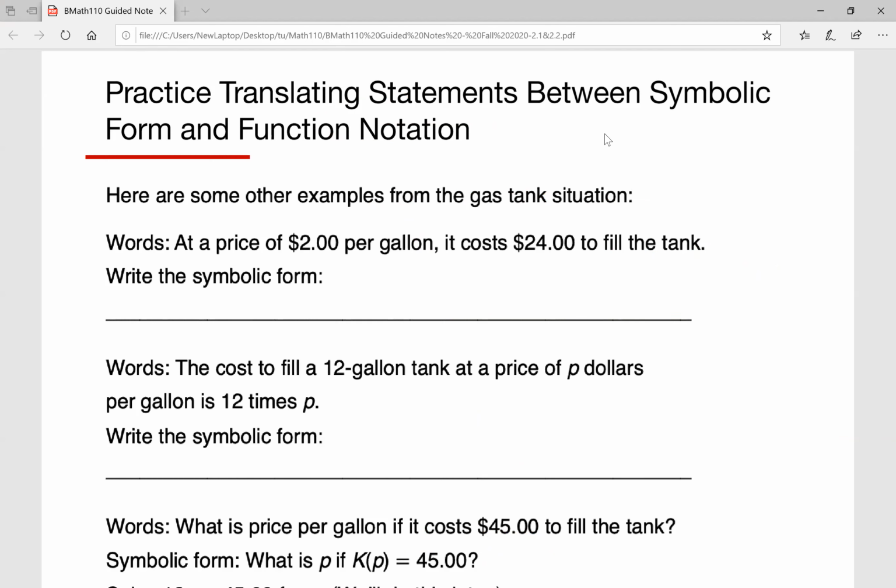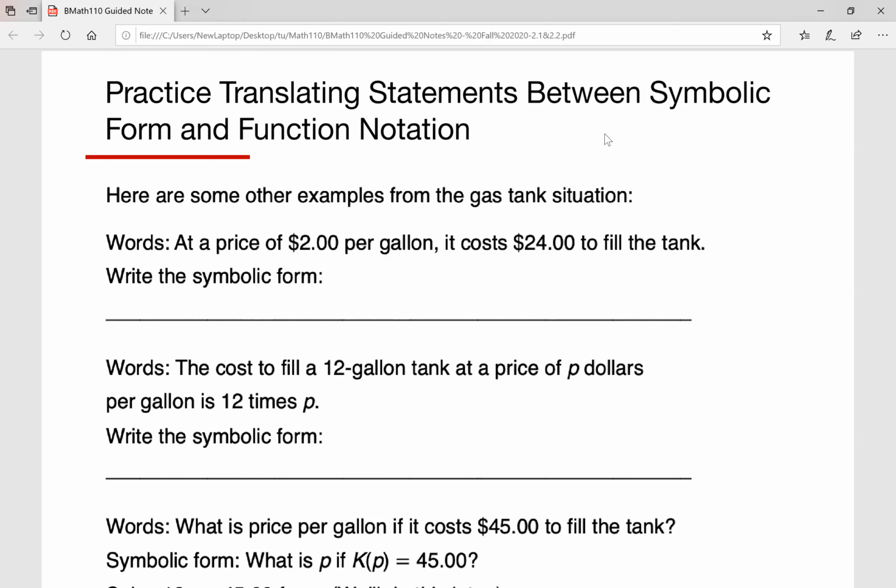So we're gonna practice translating statements between symbolic form and function notation. Okay, so here's the first example from the gas tank situation.